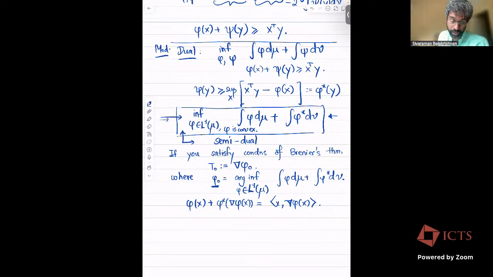I will prove a version of this which is even stronger, which is that the minimizer has some stability. At some point, it'll be useful for us to know that, and I'll prove something like that under some stronger conditions. So it's not always unique. Under the conditions of Brenier's theorem, it is unique, and under some stronger conditions, it'll also be stable in some way. Thanks. I think we can continue.